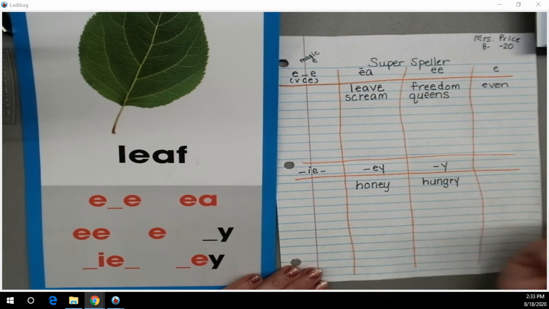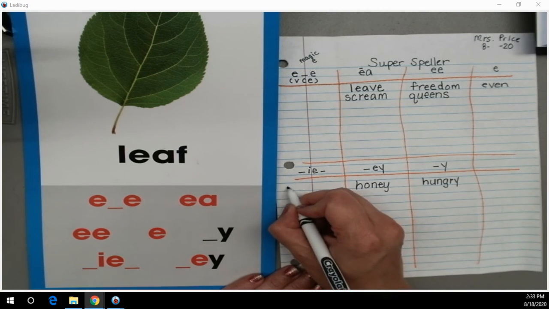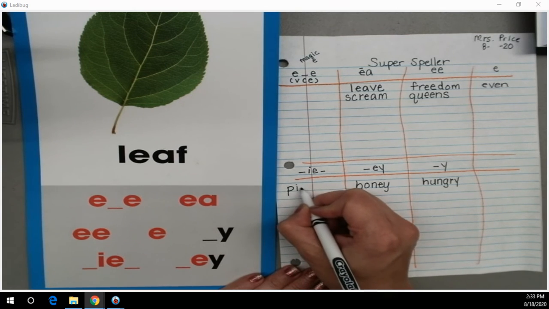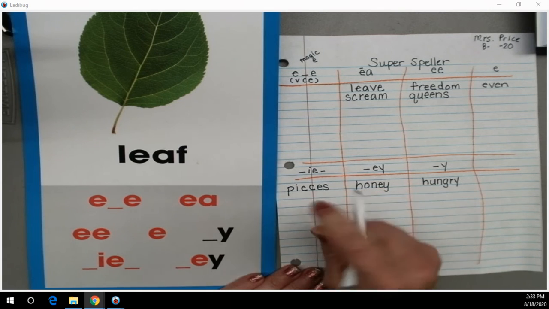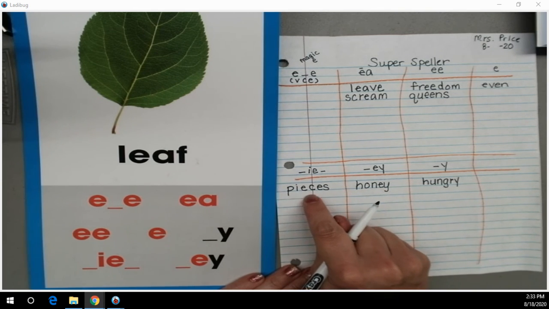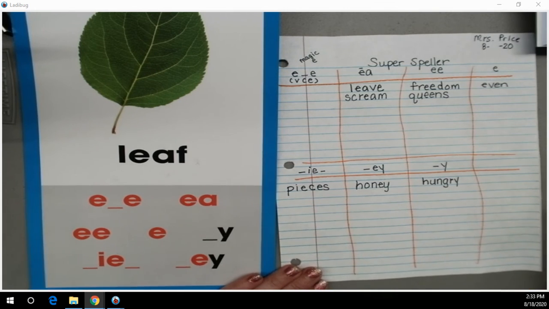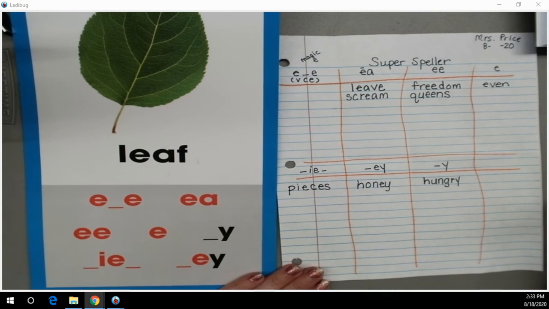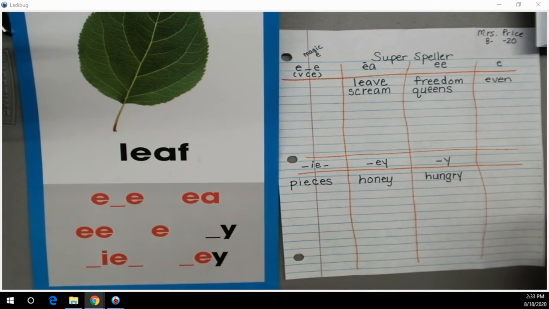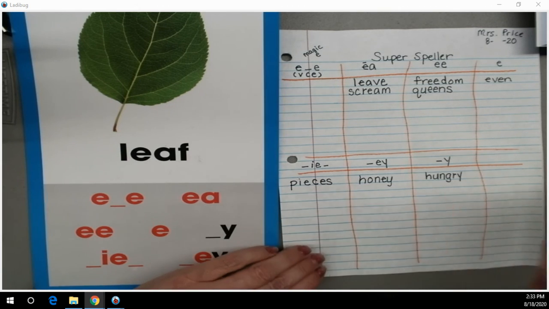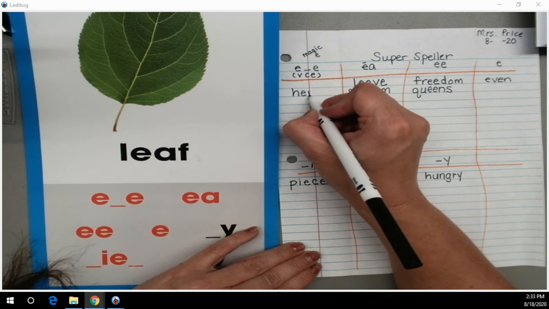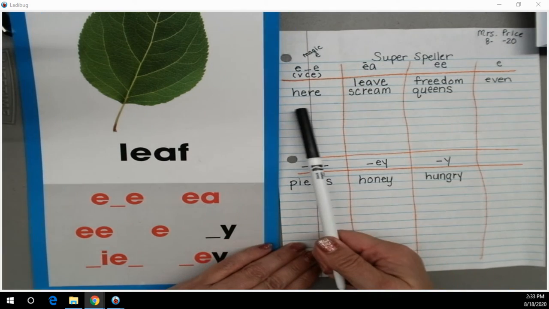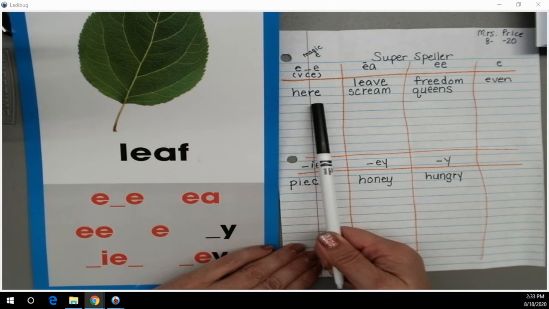Next, I have the word pieces. This is not as common as a spelling for long E. P-I-E-C-E-S. Pieces. And next we have here, as in I am right here, and that follows our magic E, vowel consonant E pattern.